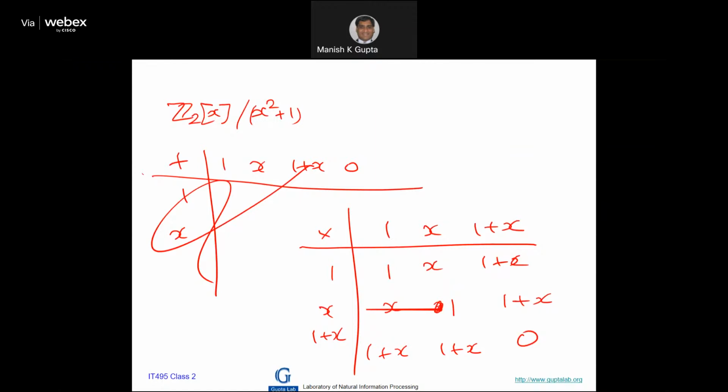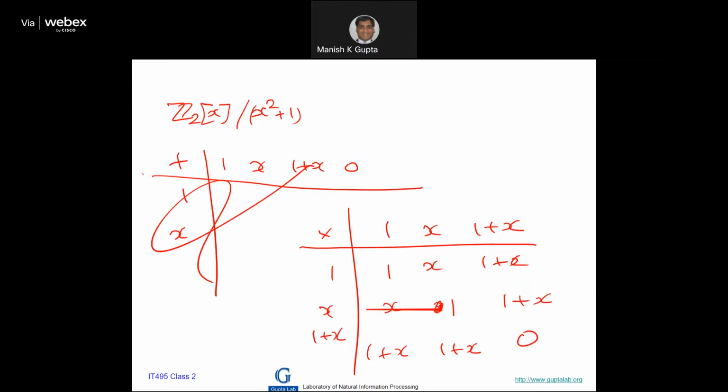In the previous example, when we took f(x) equal to x square plus x plus 1, you look at the multiplication table, no such odd thing will happen there, right? So now this shows that 1 plus x is a kind of 0 divisor here. So there is a problem. In the multiplication table, each column should have at least one 1, right? But here it's 0.